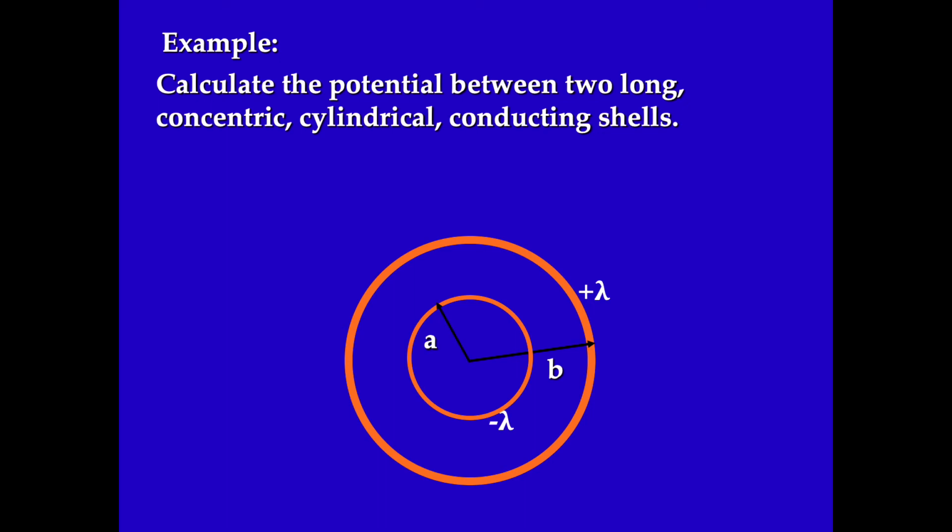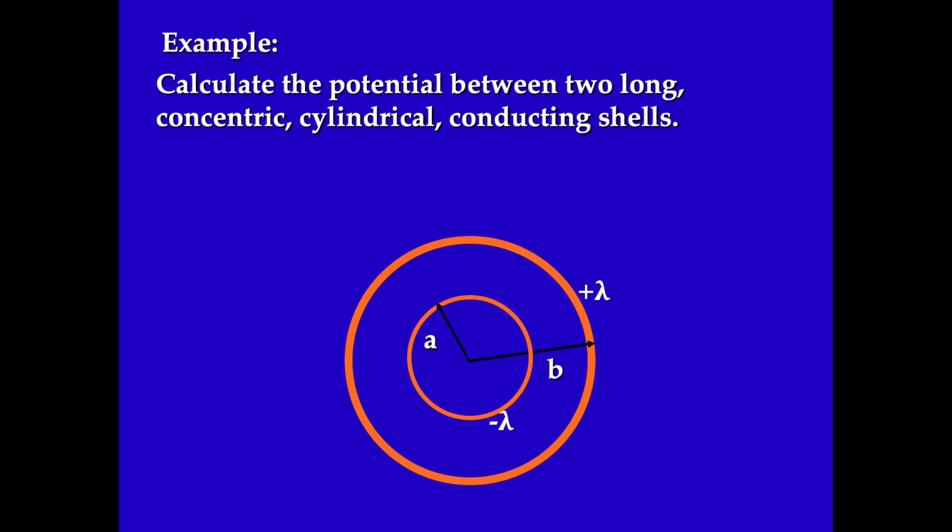By the way, what's going to be the electric field outside of the two shells? What do you think? Yeah, you're right, it's 0. Because if you apply Gauss's law, how much charge is enclosed? 0. And so the electrical potential outside of the two conductors is going to be a constant because the electric field is 0. And that constant is going to be defined by what V is on the outer surface.